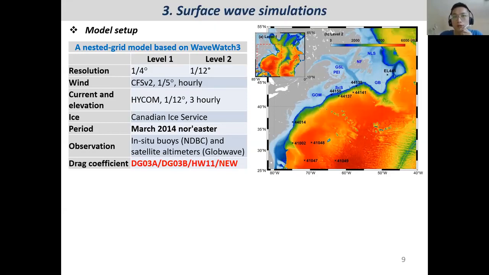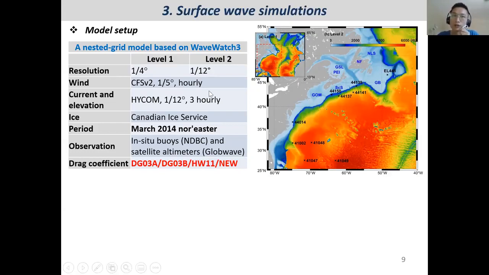The smaller one, you can see from this figure, is the outer model domain covering the entire North Atlantic at 1/4 degree. And the inner model covers the Northwest Atlantic at 1/12 degree. So the wave field during the winter storm known as the March 2014 nor'easter is simulated using the wind forcing from CFSR.